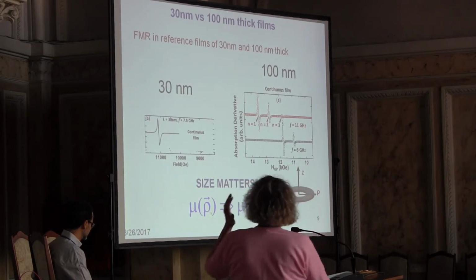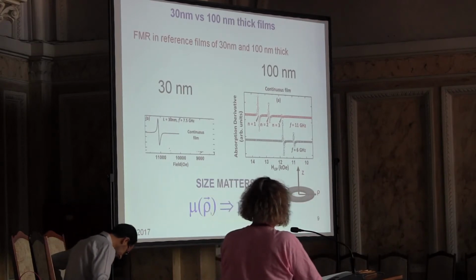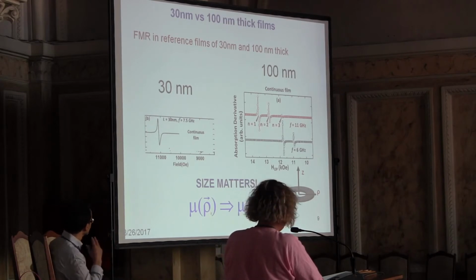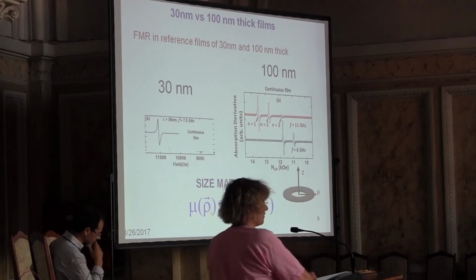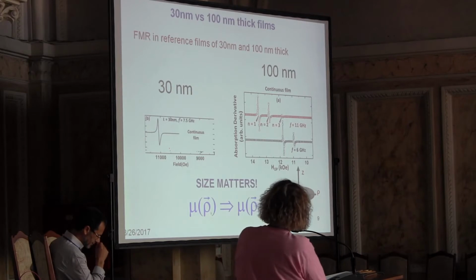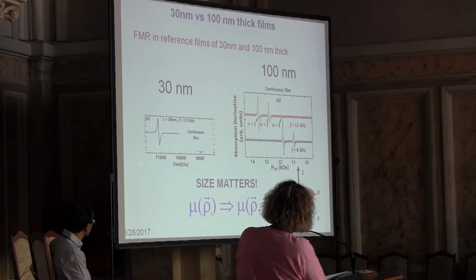Now we speak about thick rings. And to understand what the difference is between thin and thick rings, let's look at the FMR spectra of a reference film. This is for a thin film, this is for a thick film. The difference is that here there is only one peak, which means only one mode.